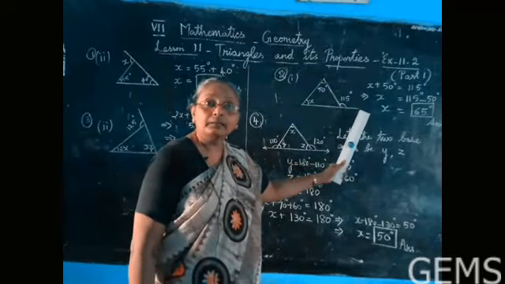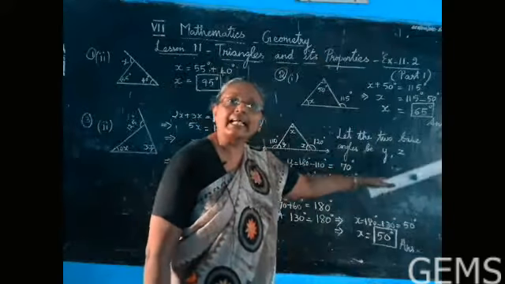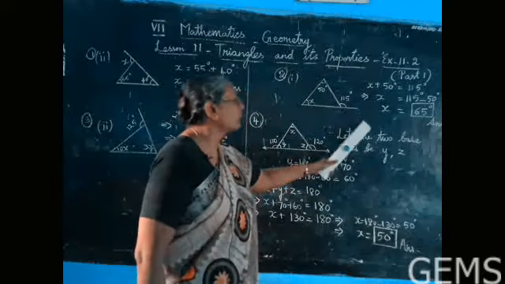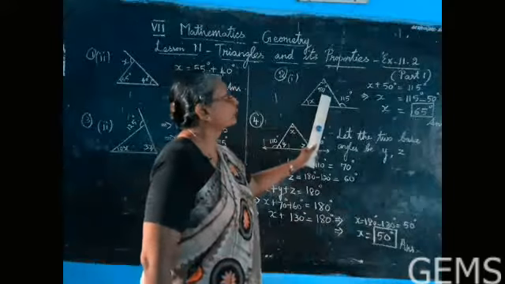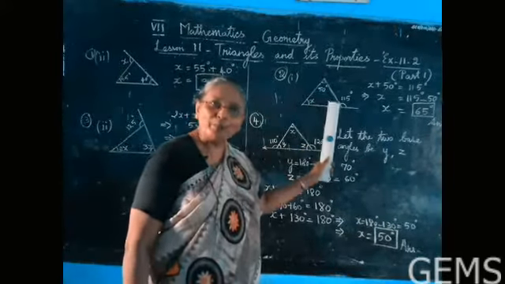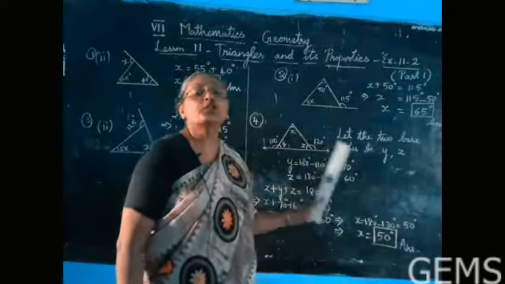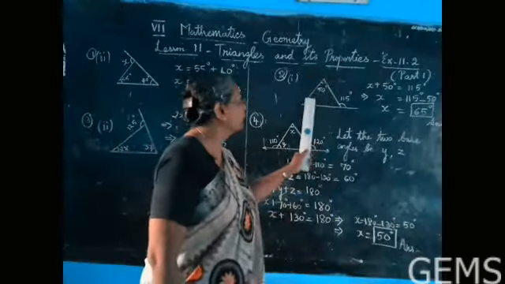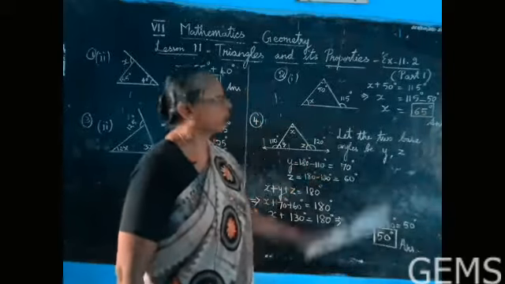What is that angle? That is an exterior angle, it is outside the triangle. So 115 degrees is an exterior angle and x and 50 degrees are opposite interior angles. So the same property we can apply, that the sum of these two angles will be equal to the exterior angle.